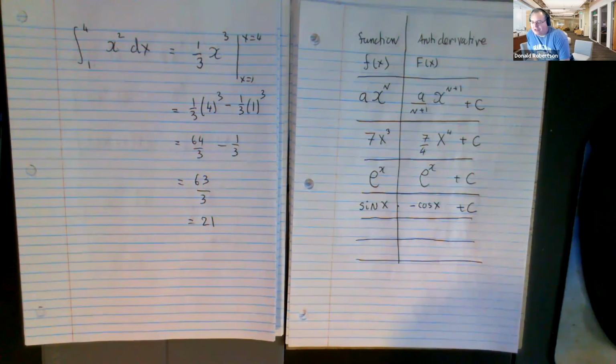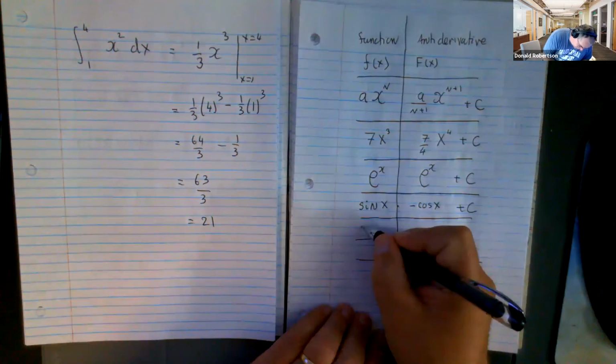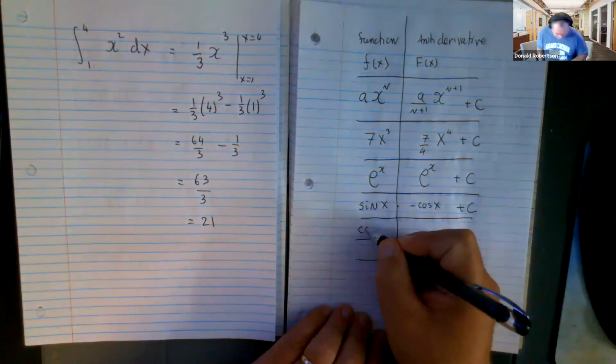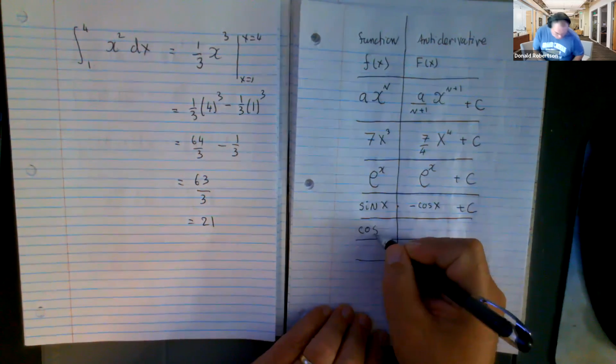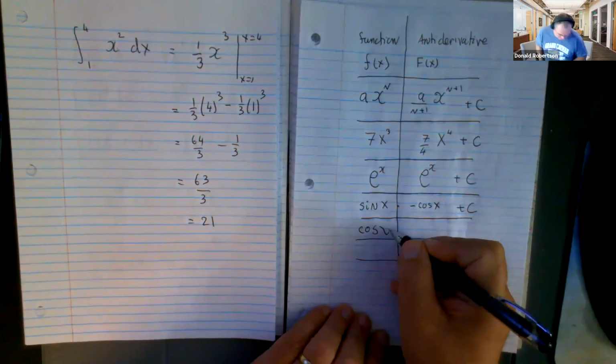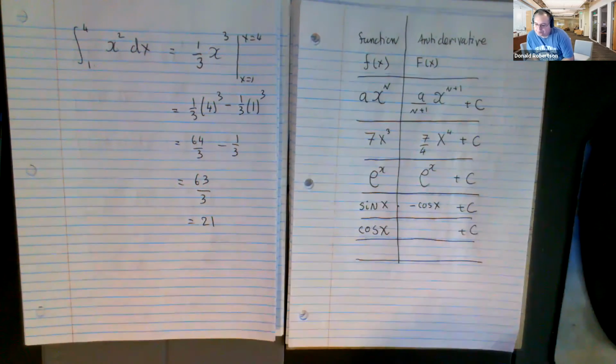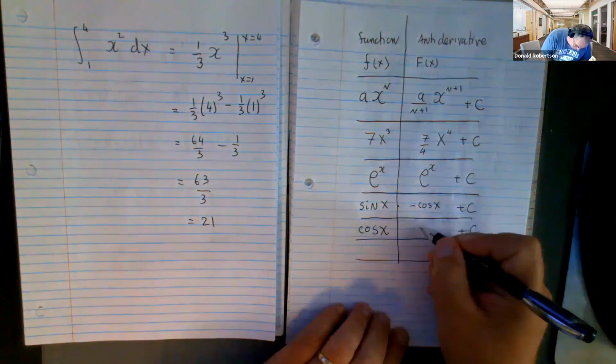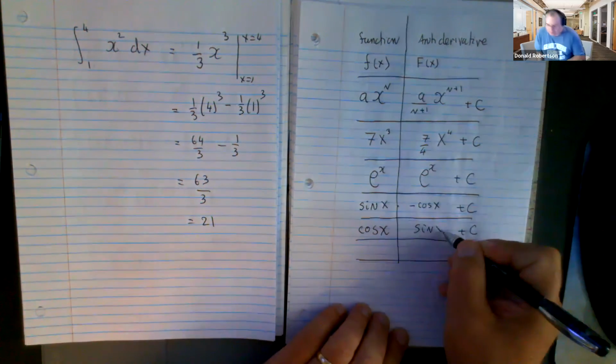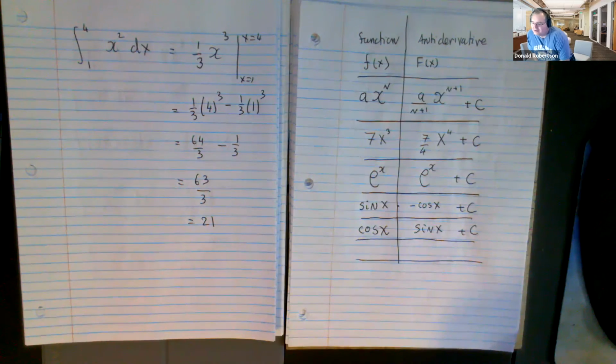If you differentiate negative cosine, don't you end up with plus sine? Okay. What would you need to start with then? What's the antiderivative of cosine x? Sine x. Yeah.